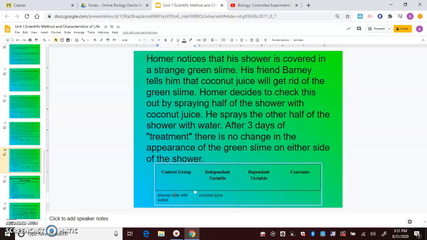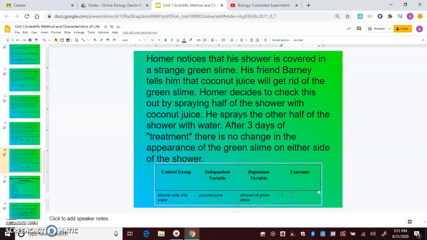Now the dependent variable: how is adding coconut juice to the shower, how's the shower going to respond? What are we looking for? What we're measuring here is the amount of green slime on the shower, because that's how we're going to know whether the water or the coconut juice is going to make the shower cleaner.